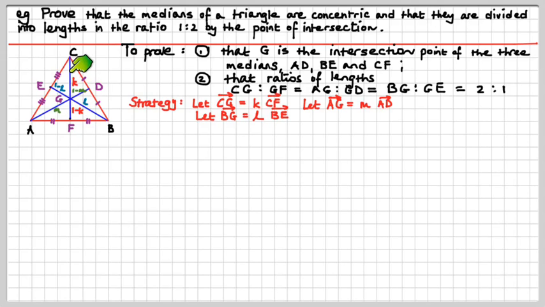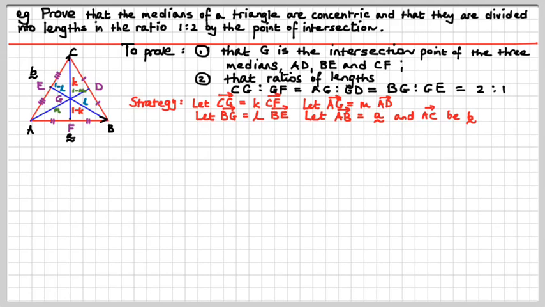We're also going to say that BG equals L times BE, same thing, hoping that L will be 2/3. We're going to let AB equal little a, AC equal little b. I know we're getting pronumerals everywhere here.